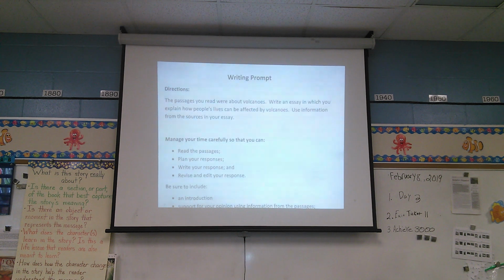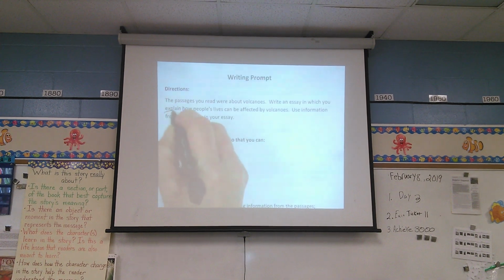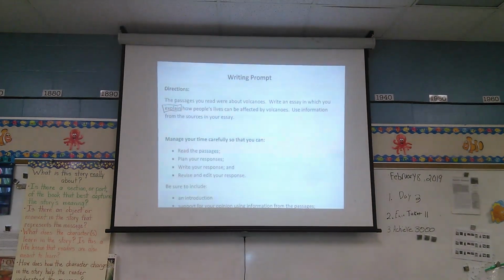An informational essay. Sometimes it'll say explain in the directions. So when we look at this word explain, make sure you go ahead and put a box around it if you haven't already. This word explain tells us that we're writing an explanatory or informational essay.